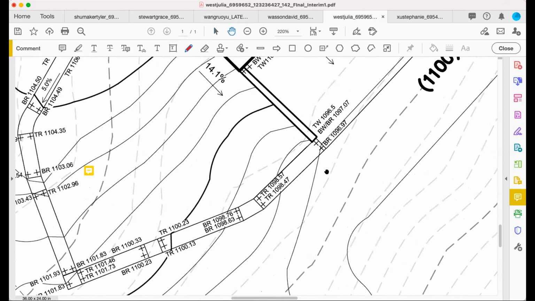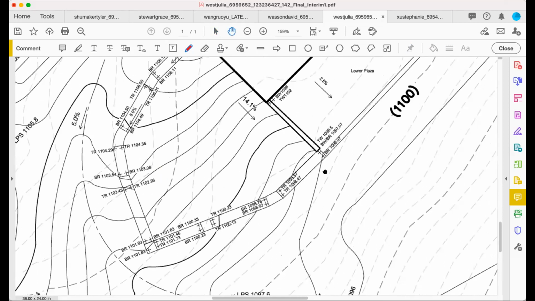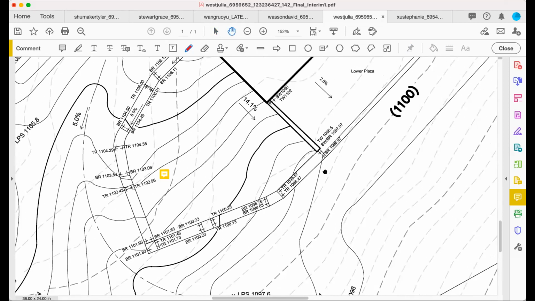So your BW is 1096.97, and I'm not sure I agree with that. Well, yes, you would have different heights of the wall, right? So yes, the TW here would be 1102, not to exceed 4 feet. And it doesn't mean that you have to have TW at 1102 at the exact same height as this area.